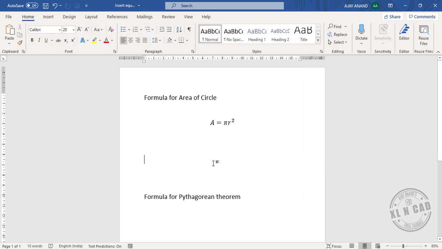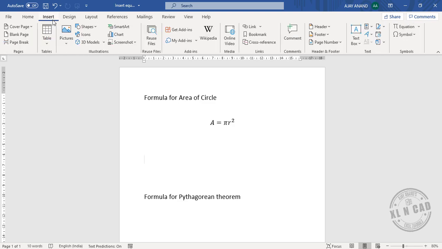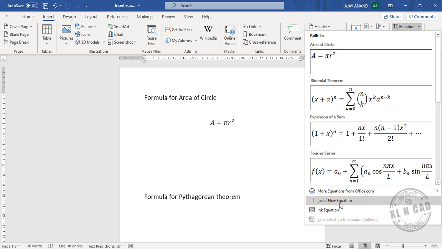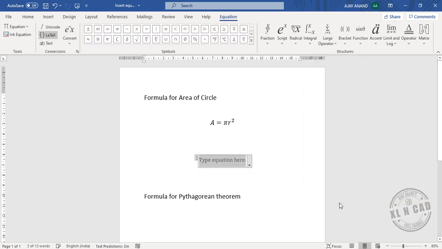Now to create a new equation, Insert, Equation, Insert New Equation. We can use these mathematical symbols to create an equation.